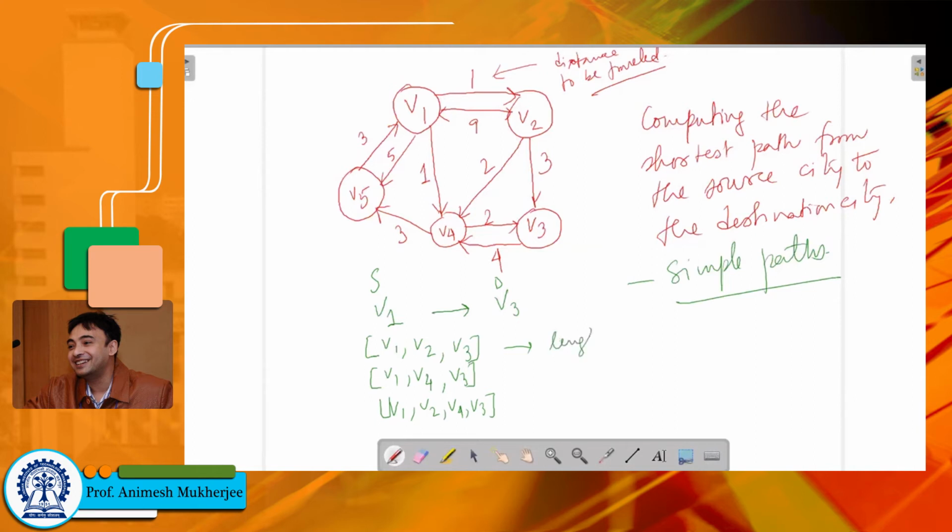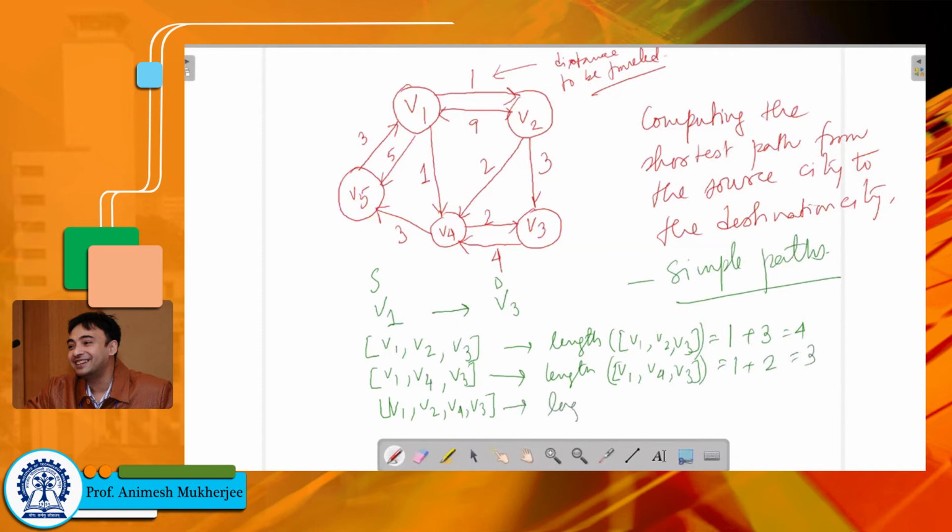So length of V1, V2, V3 is 1 plus 3, that is 4. In this case, length of V1, V4, V3 is 1 plus 2, that is 3.